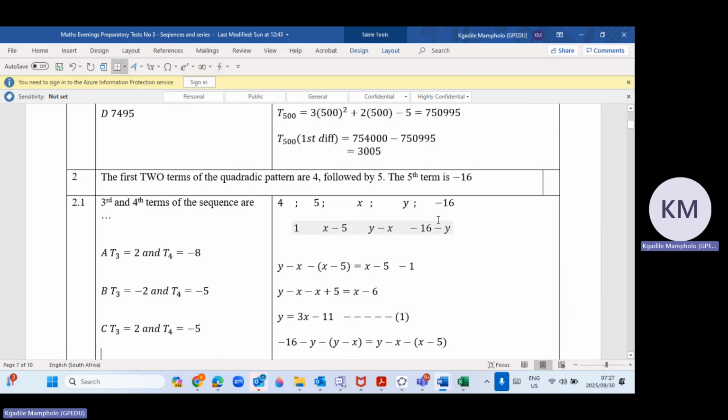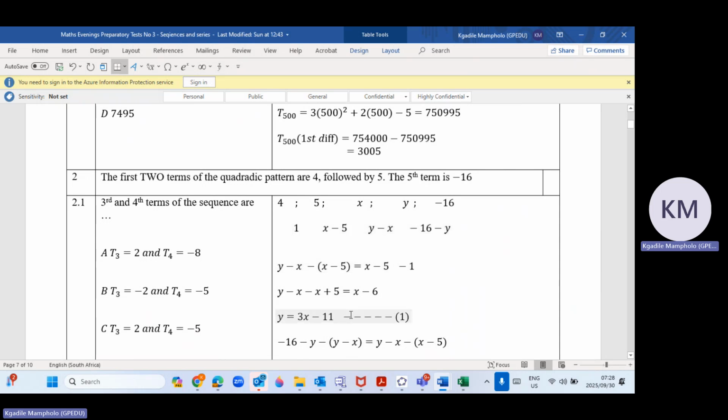It means the third term of the first difference minus the second term equals the second term minus the first term, because in a quadratic the second differences are equal.